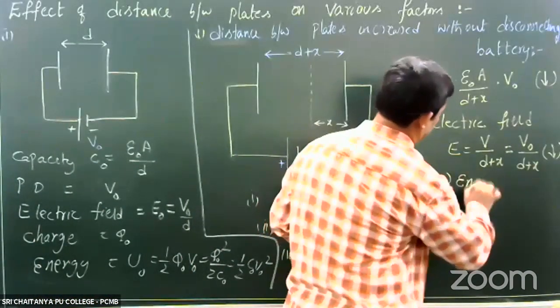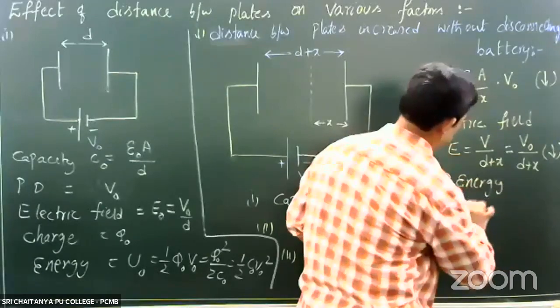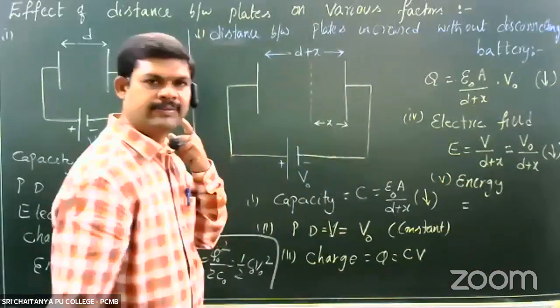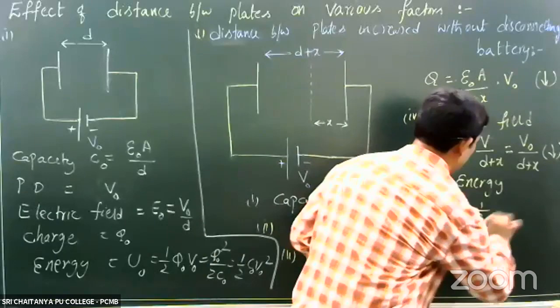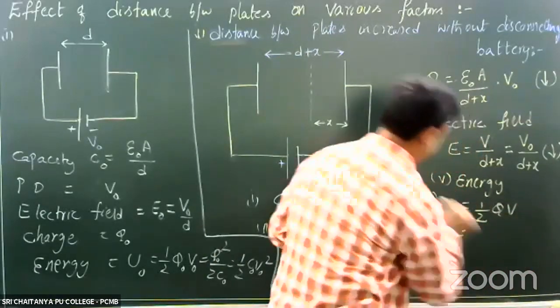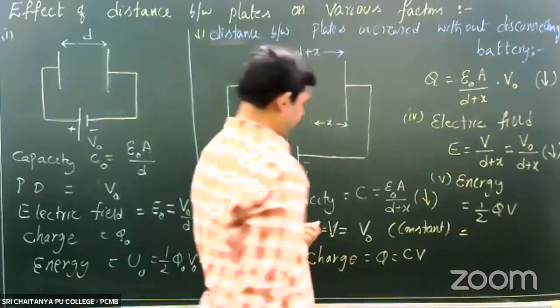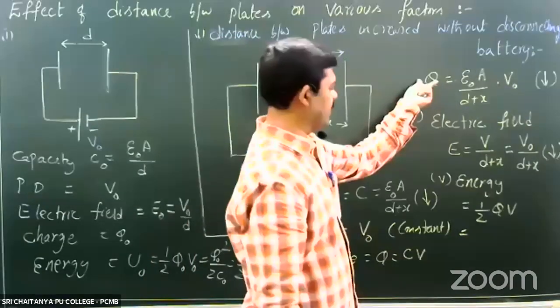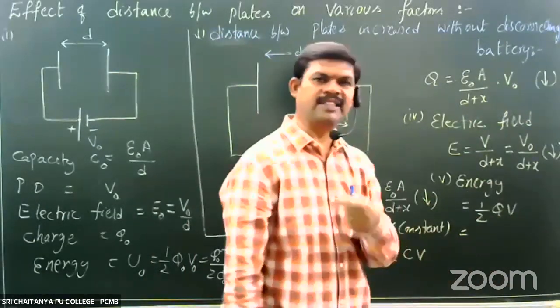What about energy? Any formula you can take: half QV. How is Q? Decreased. How is V? Constant.